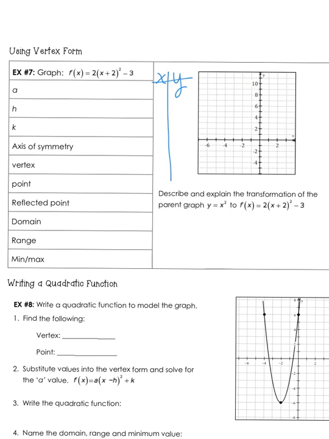So 2 left of -2 is -4. The next, this is my parent function. Okay, the next point on the parent function is -1, 1. So 2 left of that would be -3.